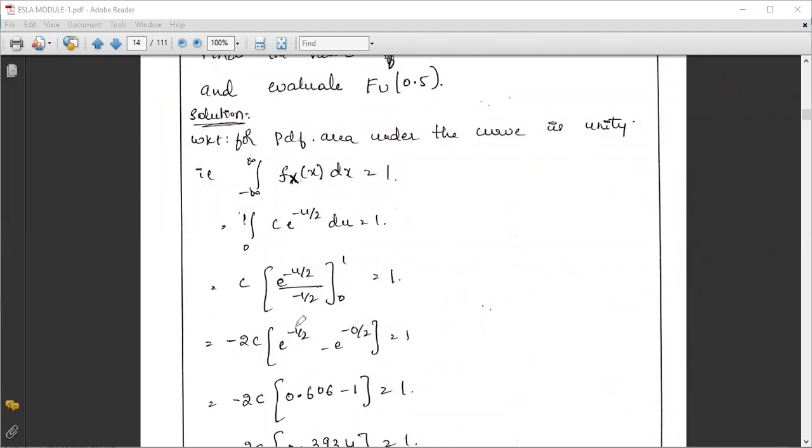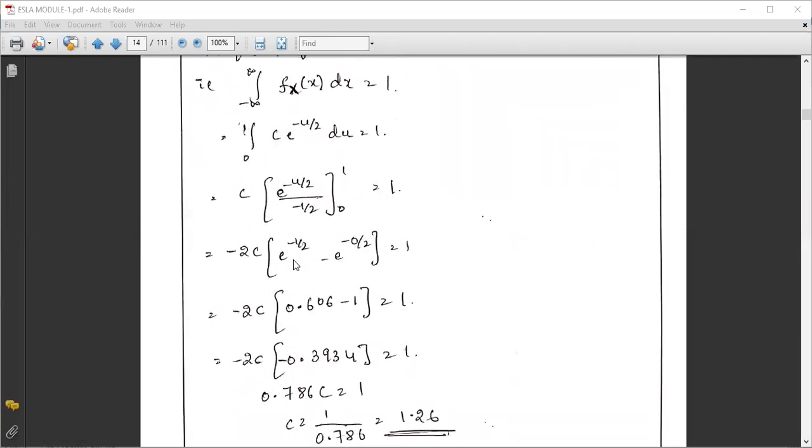Then we get e power minus 1 by 2 minus e power minus 0 by 2, which equals 1, the right-hand side. So we get minus 2c times, using a calculator, e power minus 1 by 2 is 0.606, and e power 0 is 1, since 0 by anything is 0. Therefore 0.606 minus 1, equals 1.